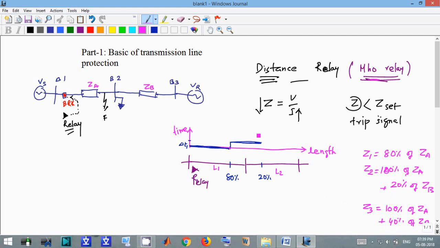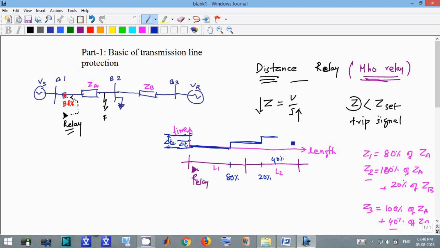So it will give extra 20% protection beyond zone 2, and some more time delay is needed. If this is our 40% of line 2, up to this we need some extra time delay. So this is T1 and this is our delta T2.